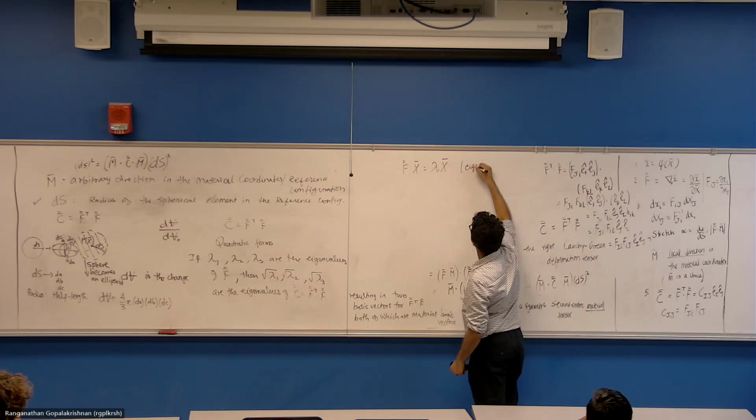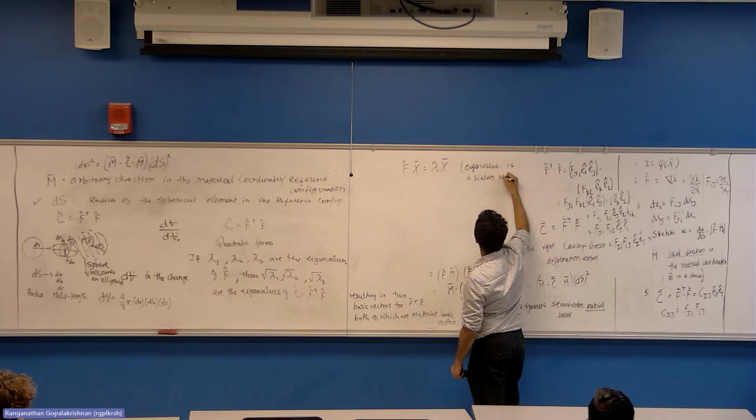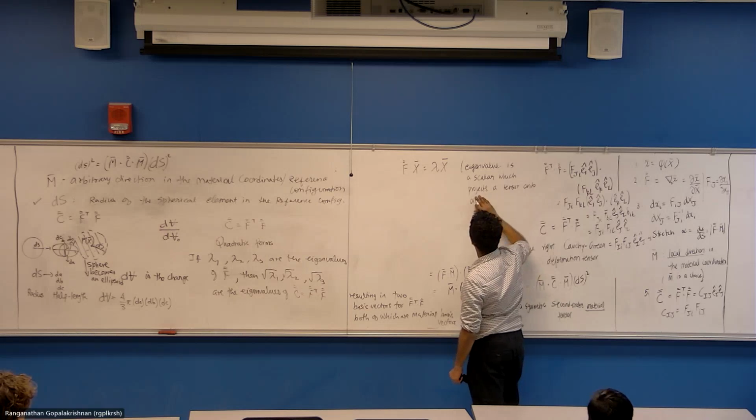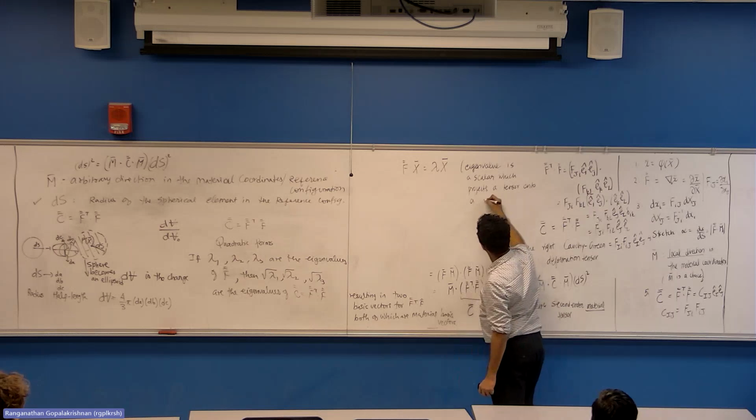An eigenvalue is a scalar which projects a tensor onto an arbitrary direction.